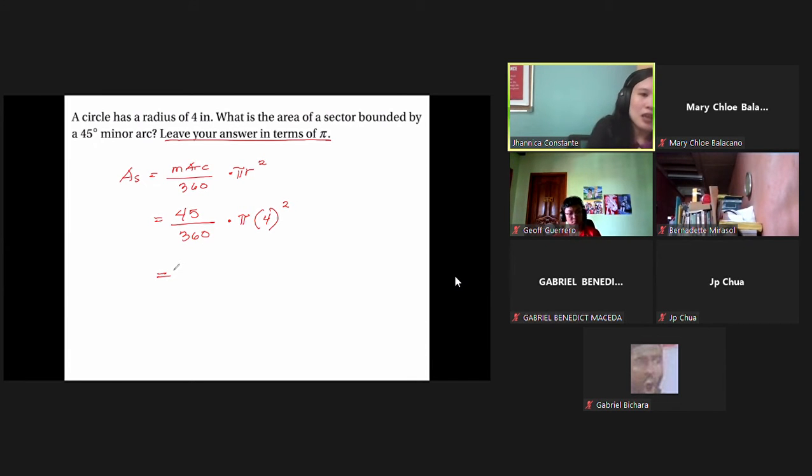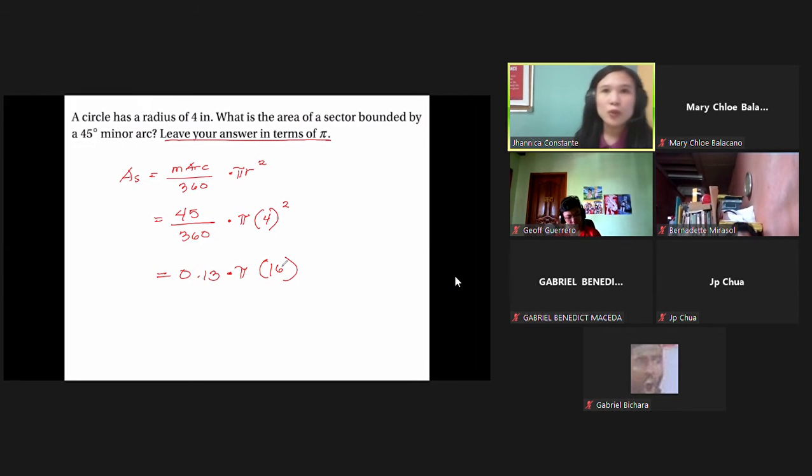So it says here in the problem, we're not going to change the value of pi. It will remain as pi in our final answer. So 45 divided by 360 is equal to 0.13 multiplied by pi times 16, since 4 squared is equal to 16.